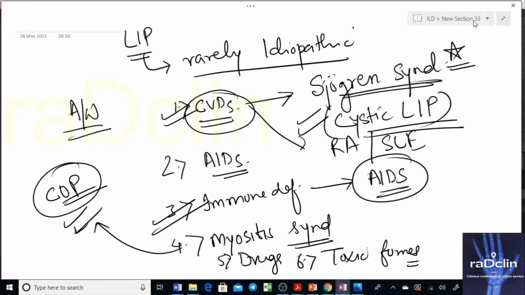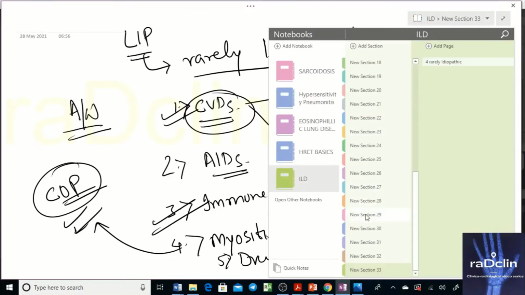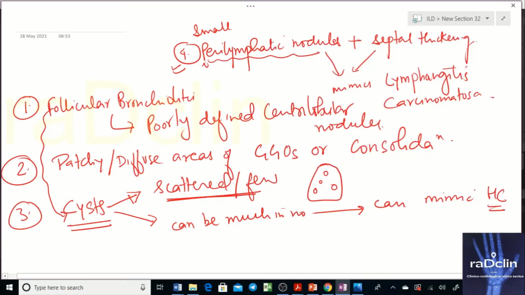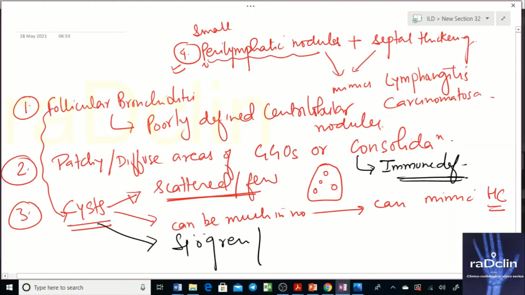And there are a few correlations. If you are seeing this pattern, patchy and diffuse areas of GGOs, it's commonly seen with immune deficiency typically. And the cystic pattern is classically seen in Sjogren. Remember this thing, Sjogren. I just told another collagen vascular disease as well.